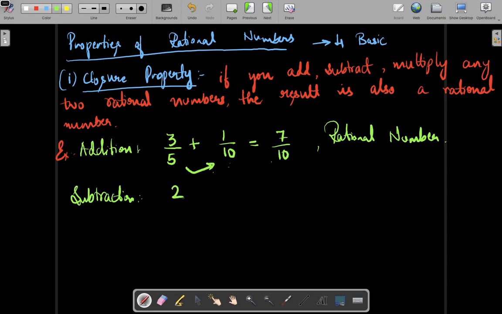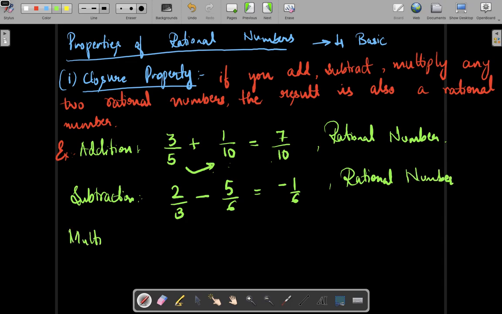Next, coming to subtractions, 2 over 3 minus 5 over 6 will be minus 1 over 6, which is again in the form of P over Q, which is a rational number. Let's see one with multiplication. Minus 5 over 4 times 3 over 2, we get minus 15 over 8.